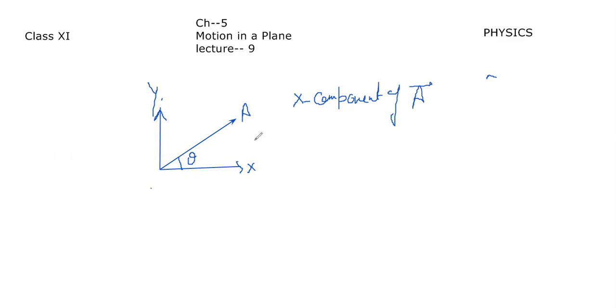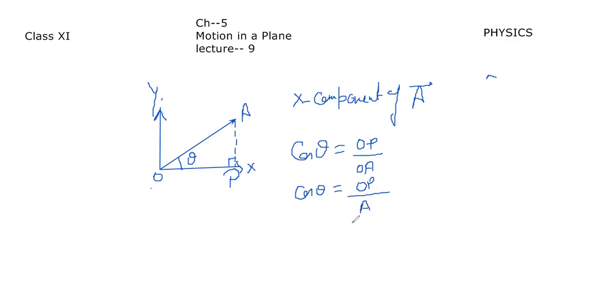So we draw the perpendicular. This is vector OA. So cos theta equals base upon hypotenuse. So cos theta equals OP upon OA, so cos theta equals OP upon A. What is the value of A?